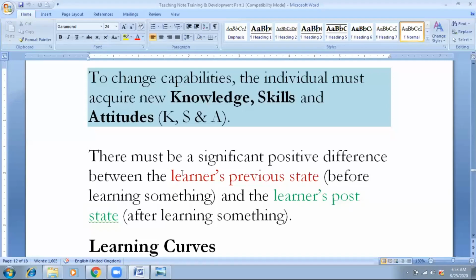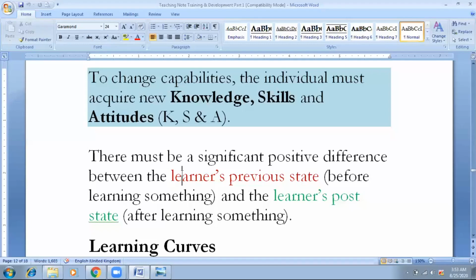Then the learning has taken place when the learner knows more than what he or she knew before. The learning has taken place when the learner possesses the skill that he or she did not have before. The learning has taken place when the learner understands what he or she has not understood before.